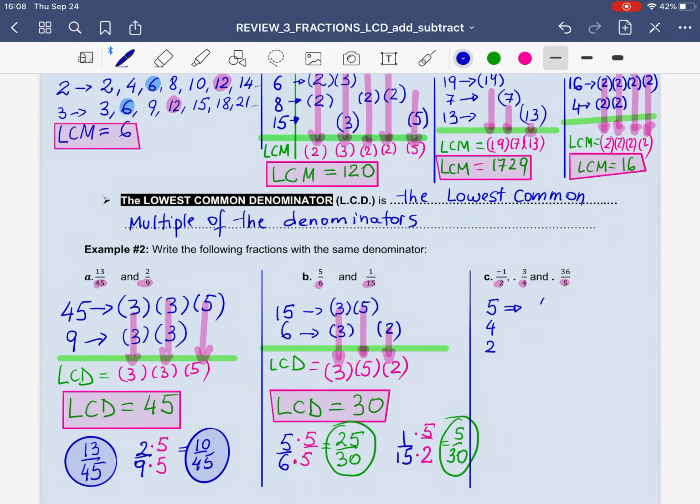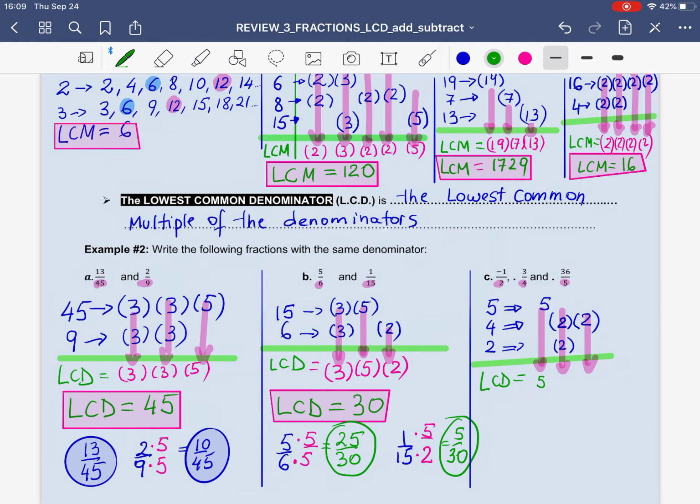So 5 would be 5 times 1, just 5. 4 would be 2 times 2, so we need special spots. Number 2 is 2 times 1, so we already have a spot for 2. So we'll go ahead now, draw the line. We got our lowest common denominator spot, which would equal, bring 5 down, bring these 2 down, and this 2 as well.